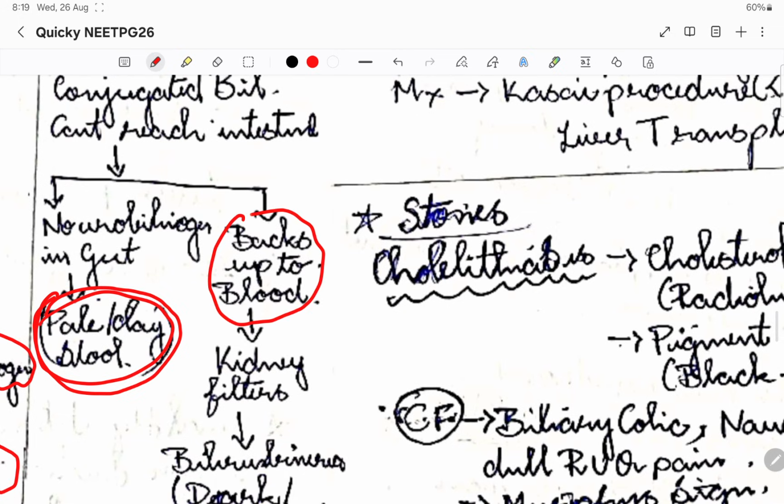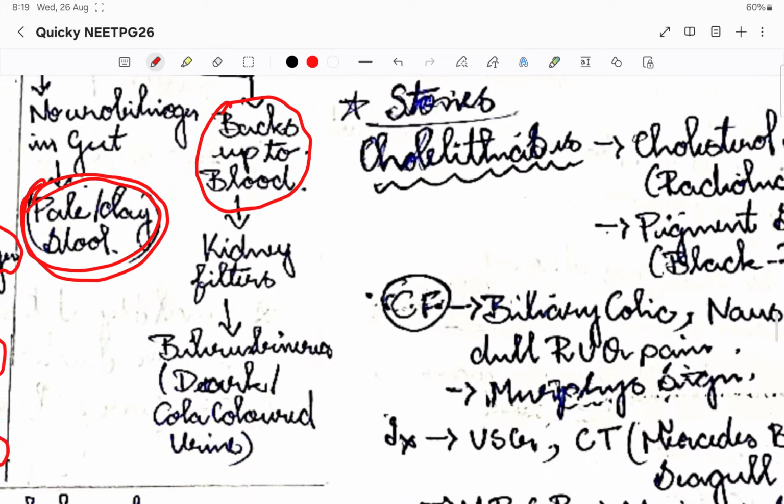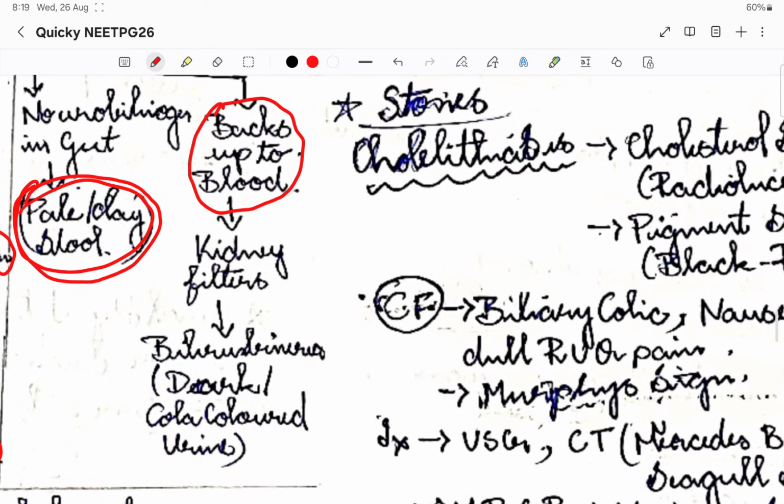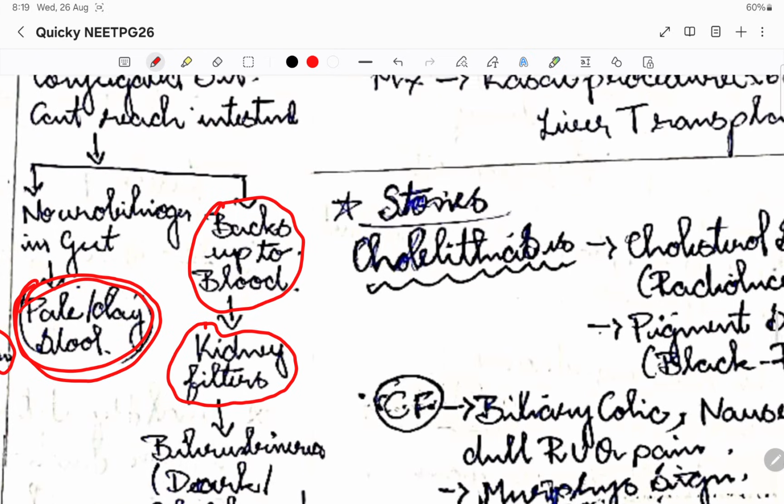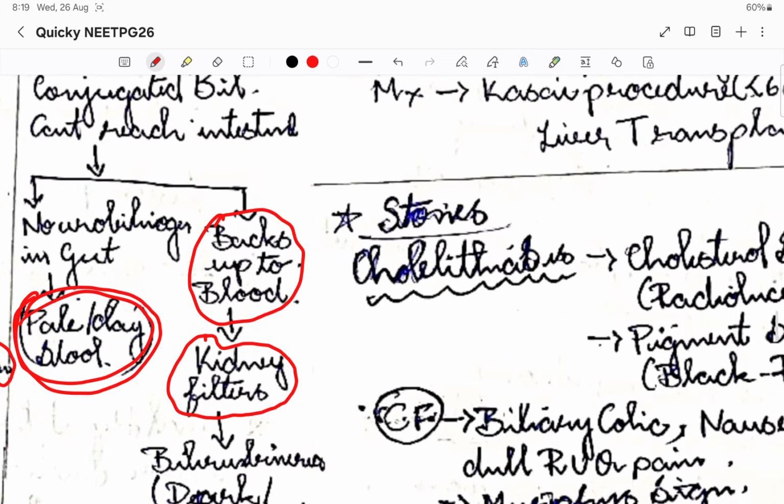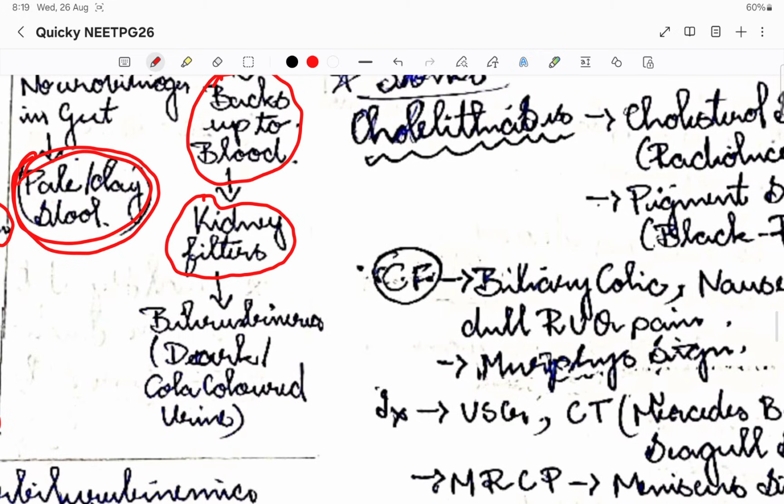So all the conjugated bilirubin will start backing up into the portal veins and so on. Here it will reach the systemic circulation and go to the kidney. In the kidney, it starts getting filtered out. It is the conjugated bilirubin that is getting filtered out, in high amount. So that is why there will be bilirubinuria.